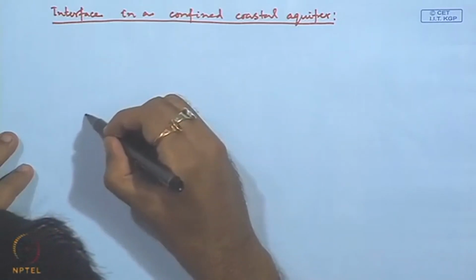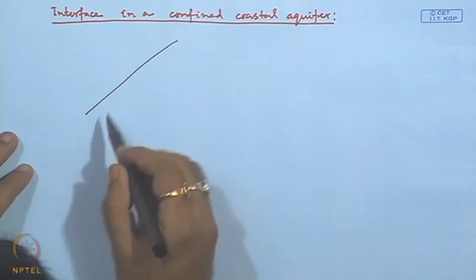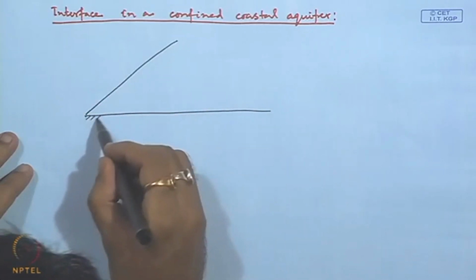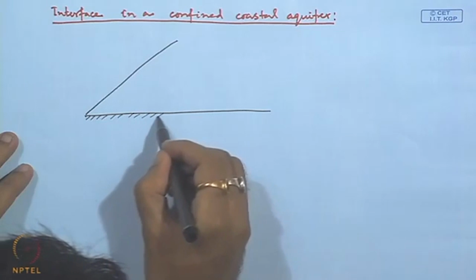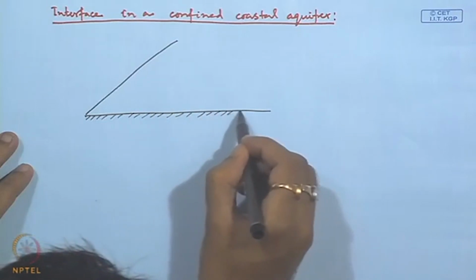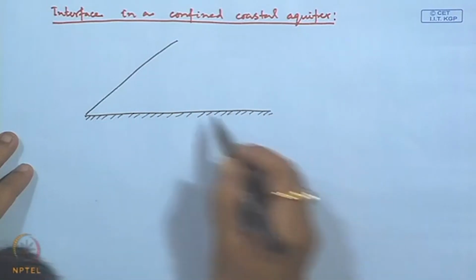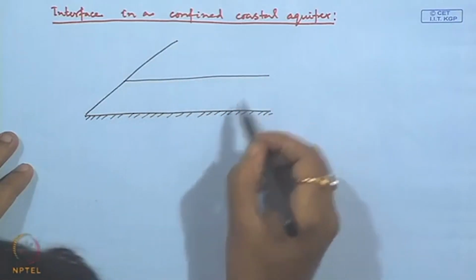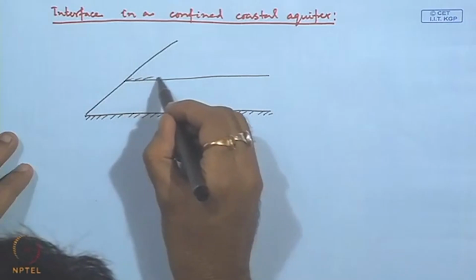Let us draw the conceptual picture. We have a horizontal bottom, which ensures the horizontal flow in the aquifer towards the sea.